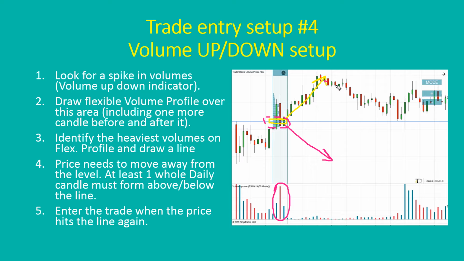And when the price makes it back to the level again, you can expect that the same institutions who were in here will become active and they'll be defending their positions. This is the same logic as before. So anyways, that's the steps and the logic behind this setup.